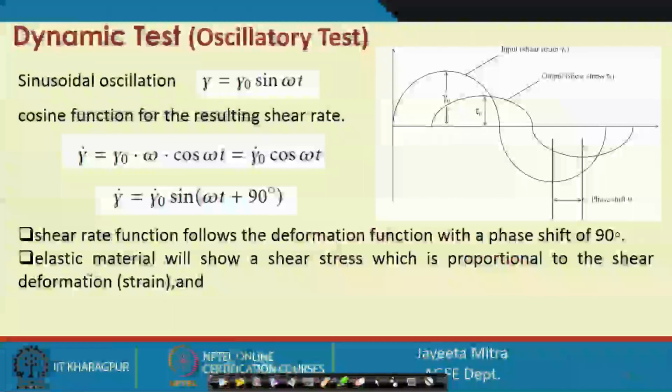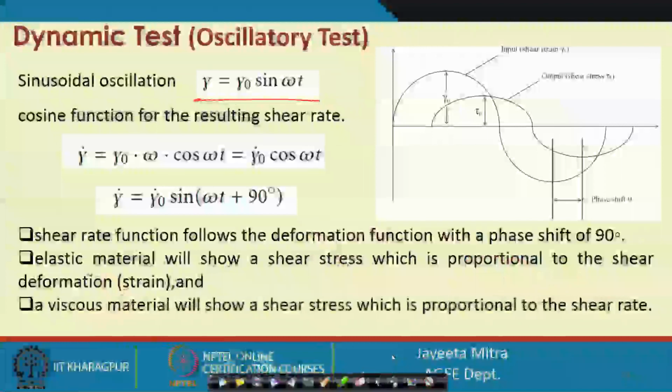So, we know that in case of elastic material the stress will be proportional to the deformation, and in case of the viscous material stress will be proportional to the rate of deformation, right. So, here we are trying to relate them. Okay. Elastic material will show a shear stress which is proportional to shear deformation or strain, and also viscous material will show a shear stress which is proportional to shear rate.